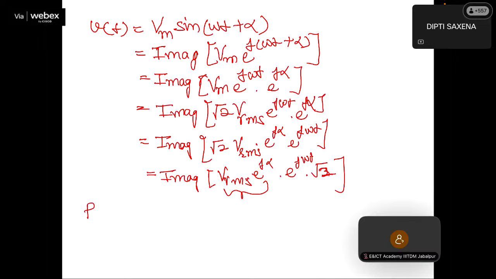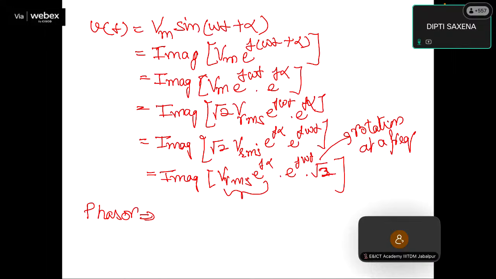So now what is a phasor? As I have already said, this term e raised to the power j omega t gives the rotation at a frequency omega. So what is a phasor? Phasor is basically a rotating vector.